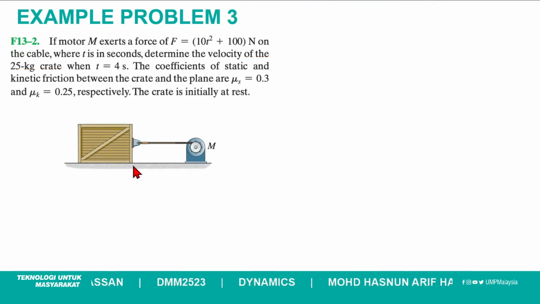So in this case, we need to determine whether the box pada awalnya dia static dulu ke ataupun dia terus bergerak. Kalau pada awalnya static dulu, then we need to use mu s in the beginning. Then when the box starts to move, we then use mu k.